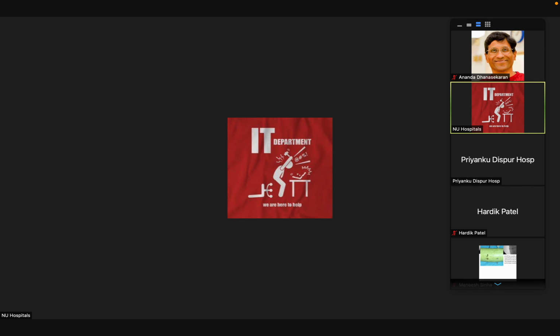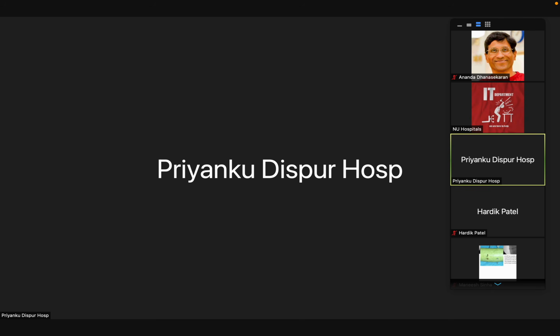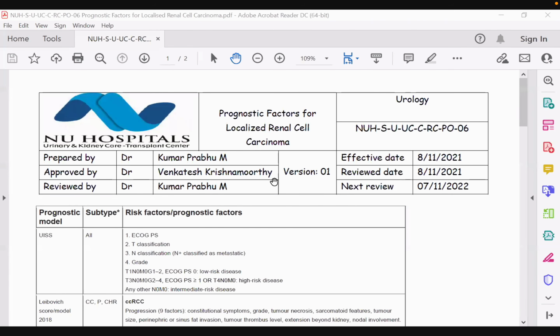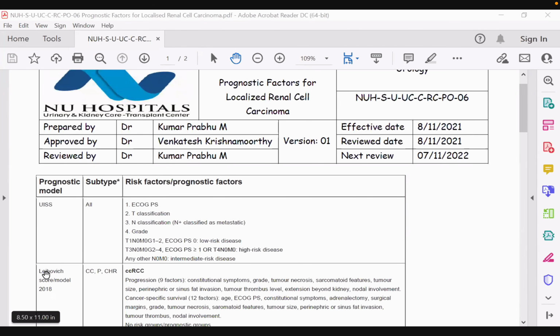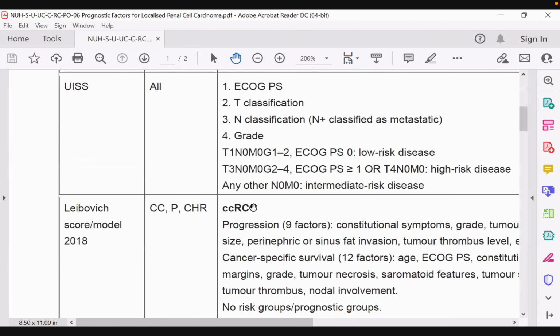One second, I'll share the screen. This is the localized RCC prognostic factors. Okay, this is the word which you have to use: Leibovich. I think you can see now better.